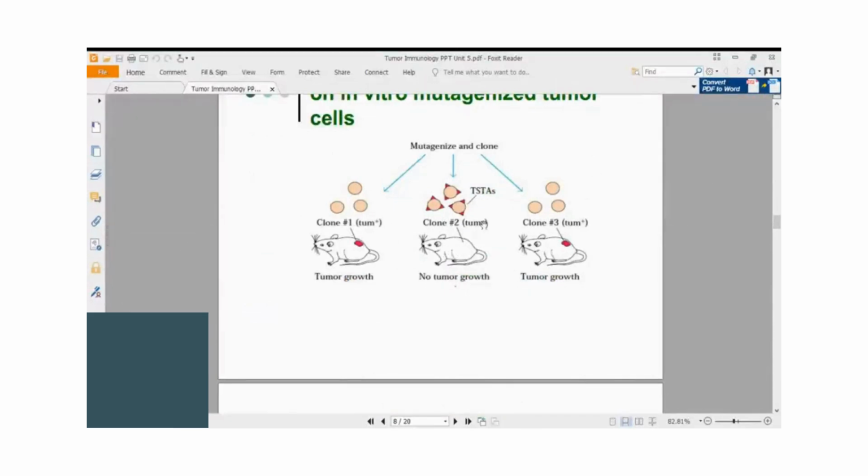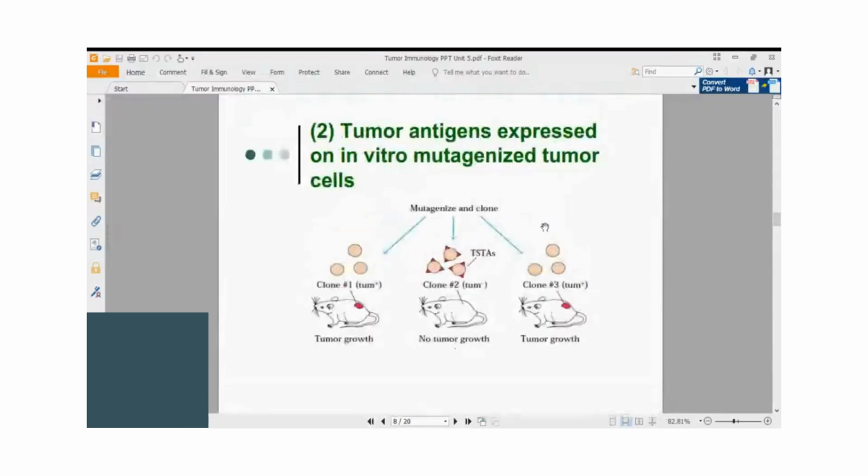So that indicates that there is variation in the expression of genes in the mutagenized tumor cells. That means the mutations that occur in the cancer cells due to chemical insult or viral insult or radiation, whatever, it is not necessary that all cells exposed to the mutagen should mutate.